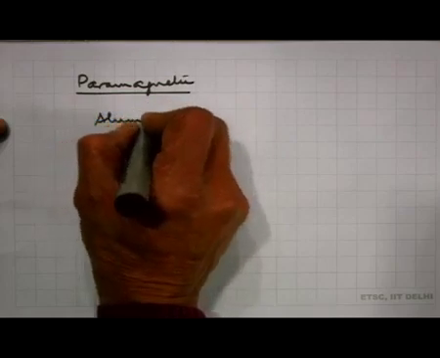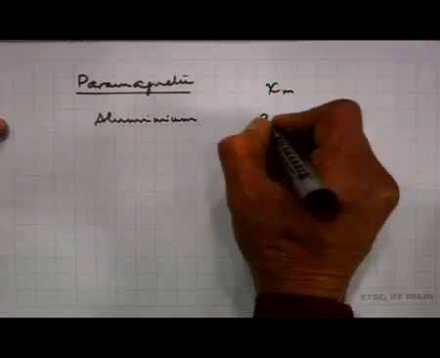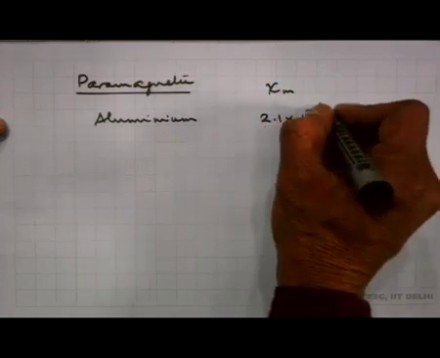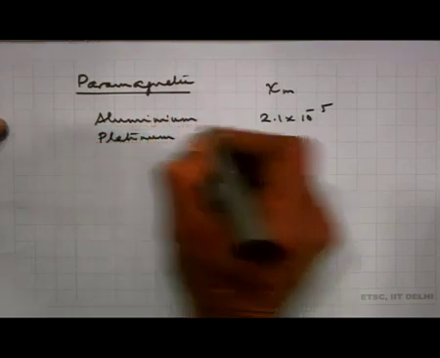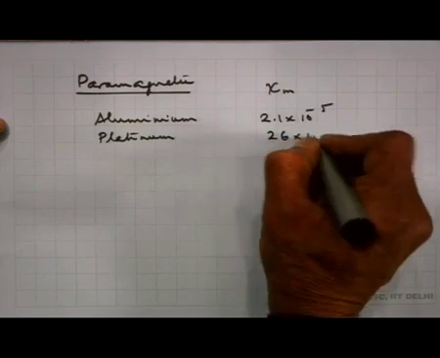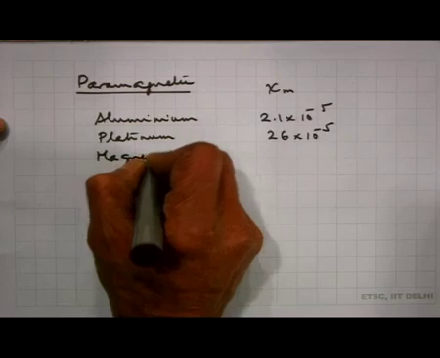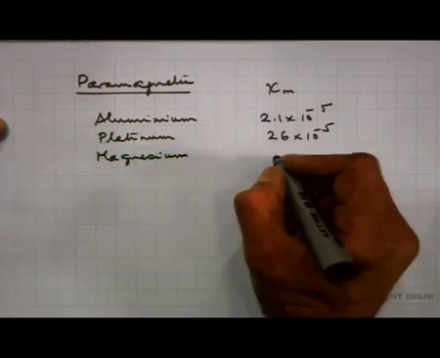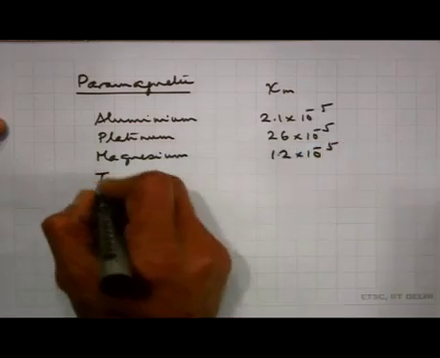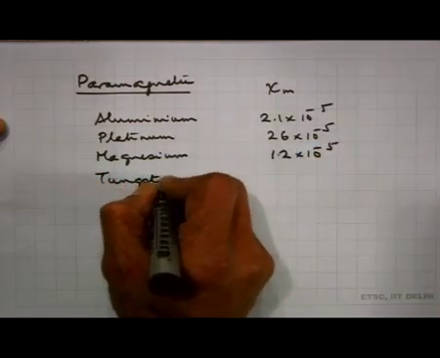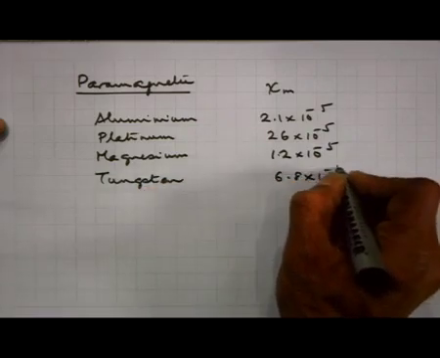Aluminum, and this is chi m here, 2.1 into 10 to the power minus 5. Platinum: 26 into 10 to the minus 5. Magnesium: 1.2 into 10 to the minus 5. Tungsten: 6.8 into 10 to the minus 5.